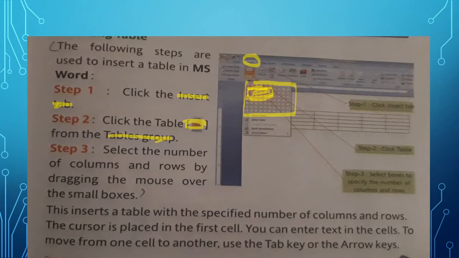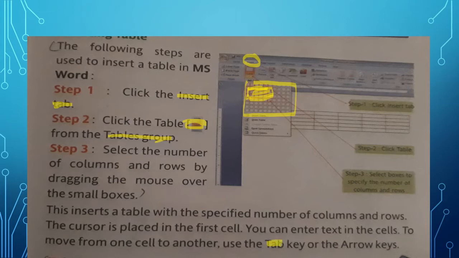This inserts a table with the specified number of columns and rows. The cursor is placed in the first cell. You can enter text in the cells. To move from one cell to another, use the tab key.